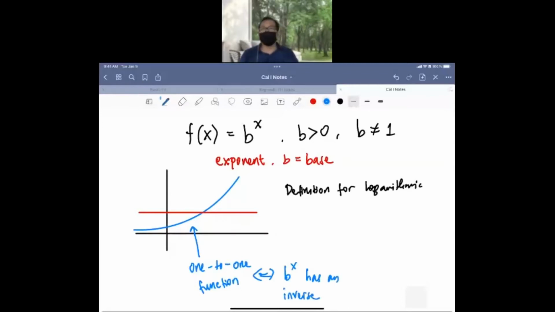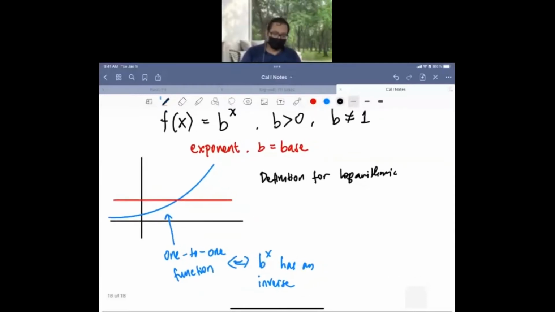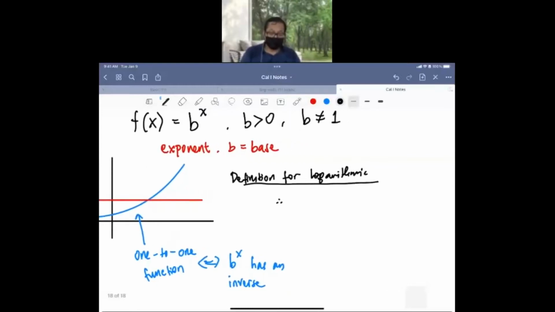By these facts, we can write down first the definitions within the inverse terms for the logarithmic functions.